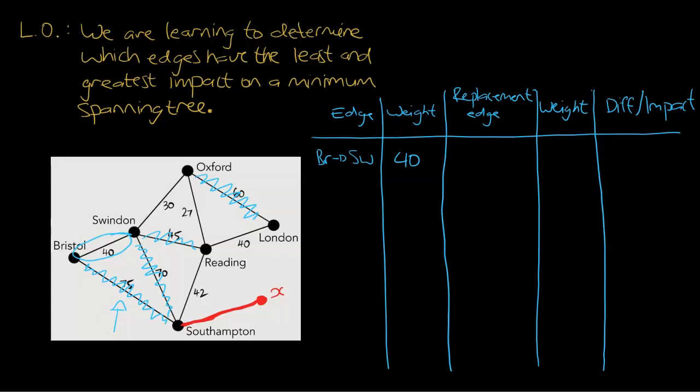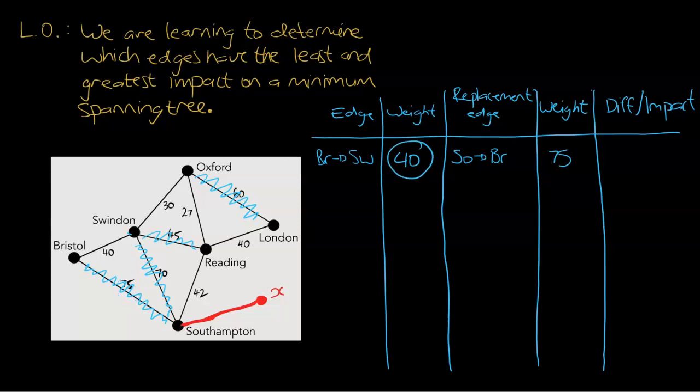So we're going to need to reinstate that pathway as part of our network. Our replacement edge would have been Southampton to Bristol, and that edge weight was 75. We crossed that out before because that was the biggest number.